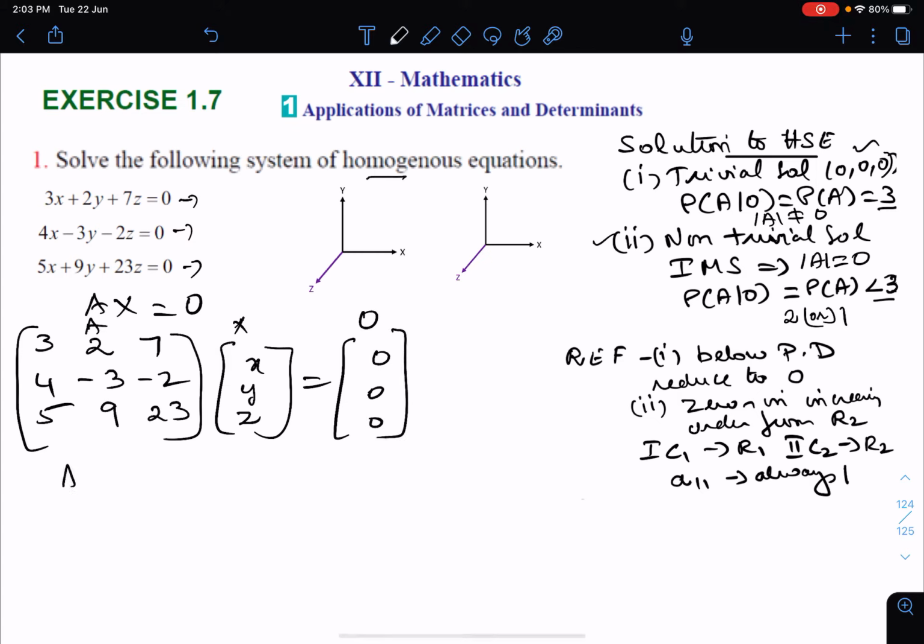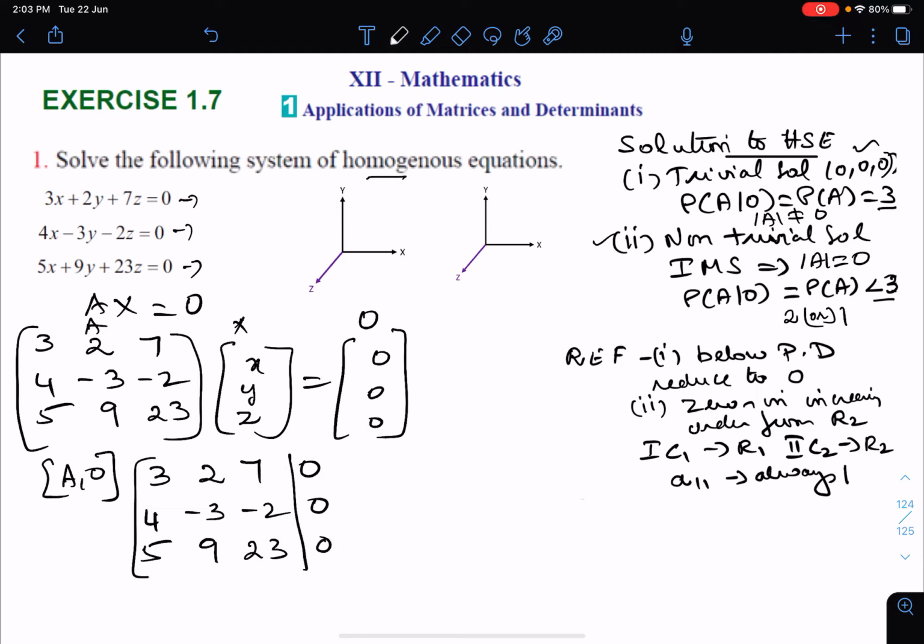Now you write your augmented matrix [A, 0]: 3, 2, 7 and 0; 4, minus 3, minus 2 and 0; 5, 9, 23 and 0. Drop the line in between, and this is going to be our augmented matrix.